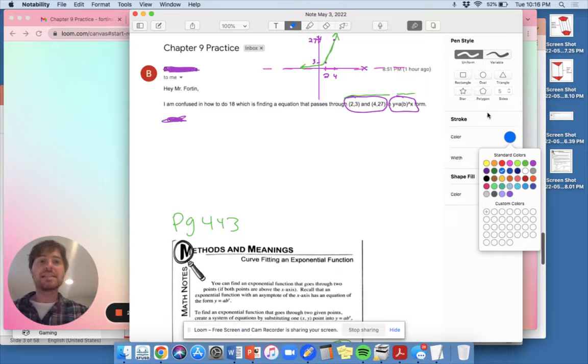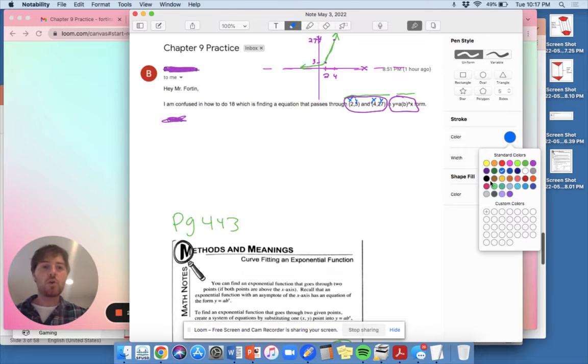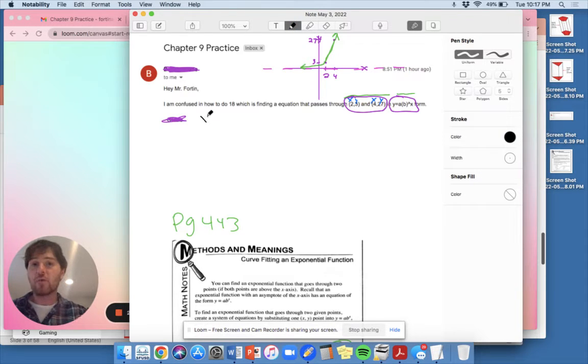Here we go. Step 1: we know that an xy coordinate pair that's going to work in whatever equation we're going to generate is going to be (2, 3). So there's an x, there's a y, and also (4, 27). There's an x, there's a y. We know that the equation is going to be of the form y equals a times b to the x. Okay, I'm going to write that twice. Why am I writing that twice? Well, you'll see in a second.